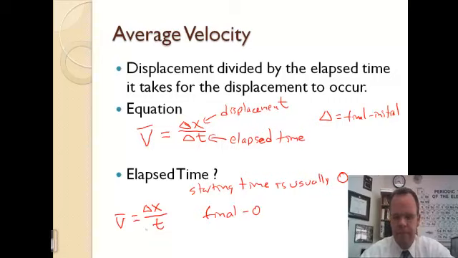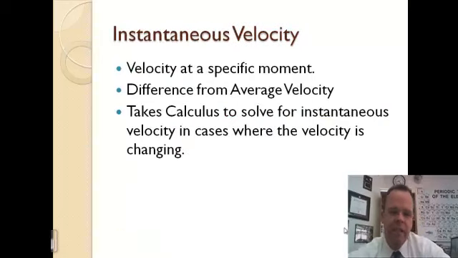When looking at instantaneous velocity, we're looking at the velocity of a specific moment in time. Instantaneous velocity is therefore a little different than average velocity, and average velocity is a lot easier to calculate. Total displacement divided by the time will give us average velocity.